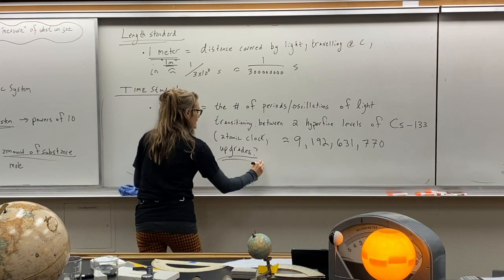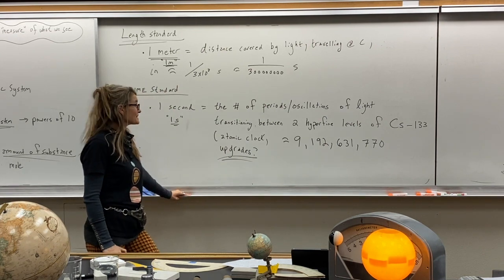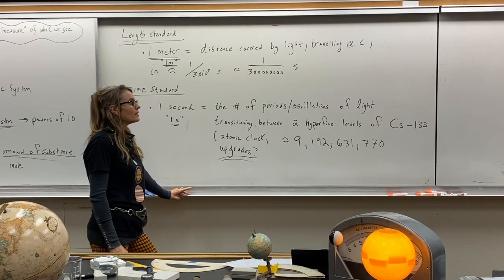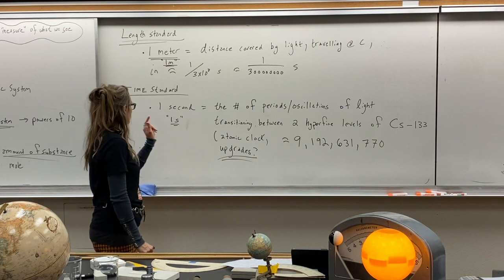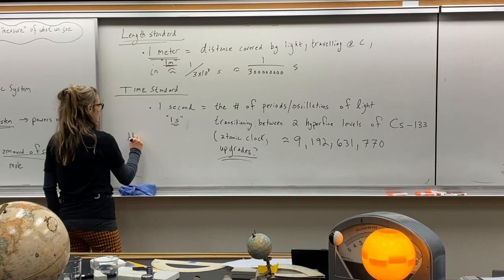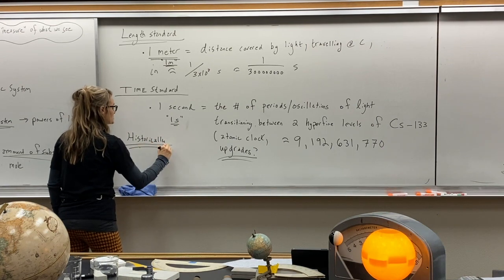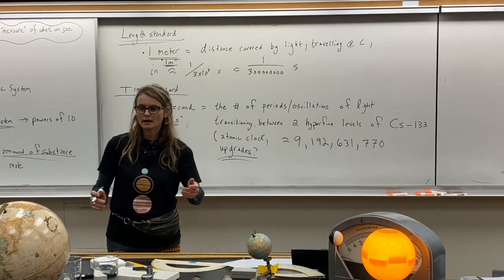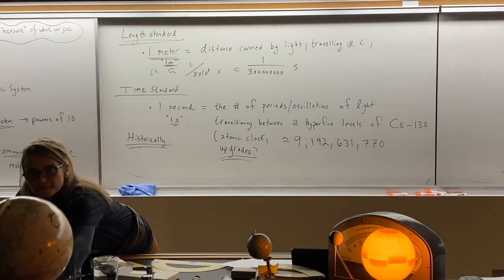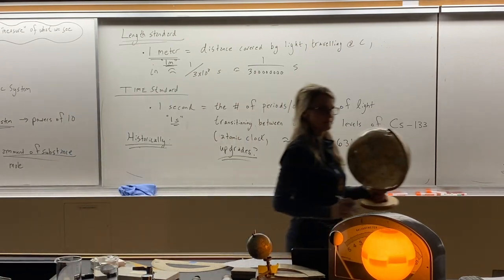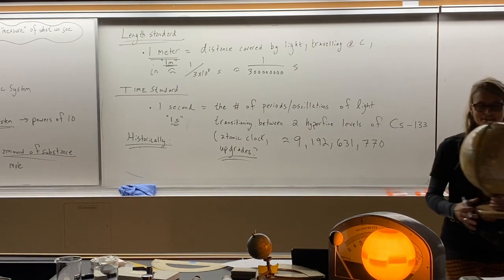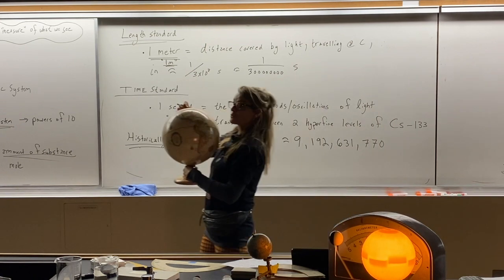Many a scientist is still working on making an even more precise definition for a second. But historically this is quite a feat, because historically it was based on the Earth and the rotation of the Earth.